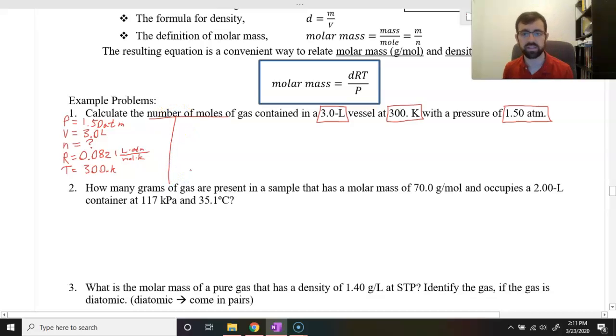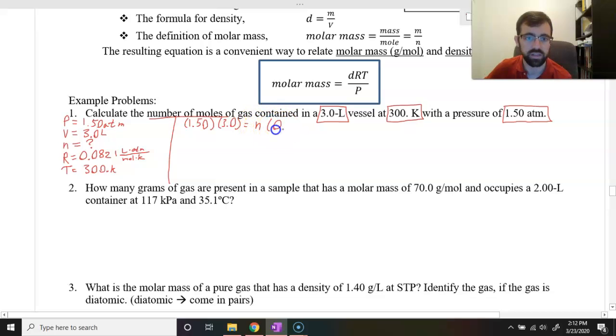So as I type this out, it's going to be PV equals nRT. So PV is the first factor on the left side of our equal sign. So we're going to do P times V, 1.50 times 3.0 equals, and then we have nRT. n is my unknown.